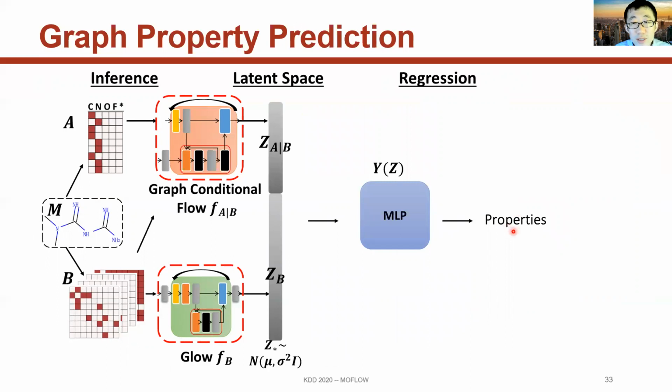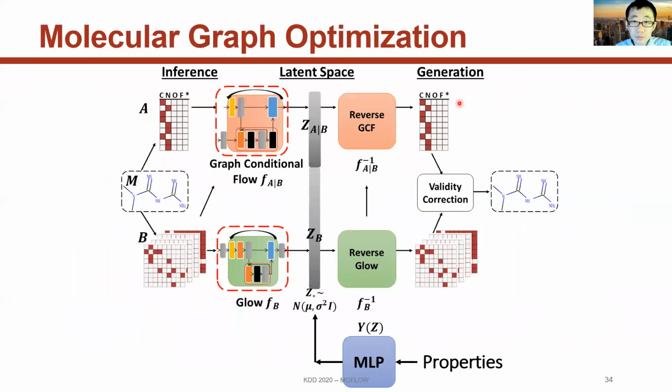We can also use another multi-layer perceptron, which maps from latent space to property space, to do molecular graph property prediction tasks. So here is for regression. Thus, guided by the gradients of the properties from these property prediction parts, we can search the continuous latent space of a molecular graph and then generate optimized molecular graphs.